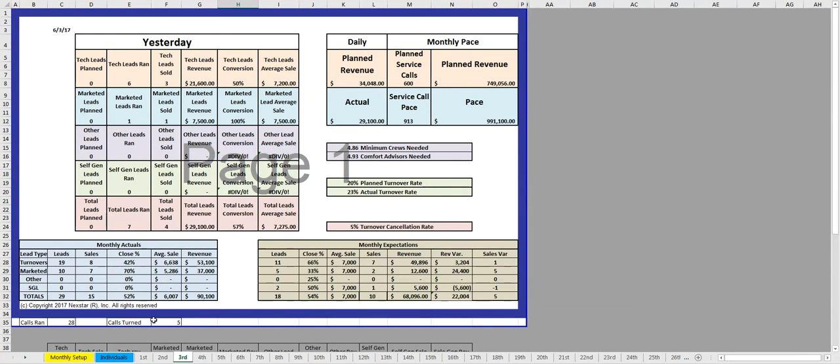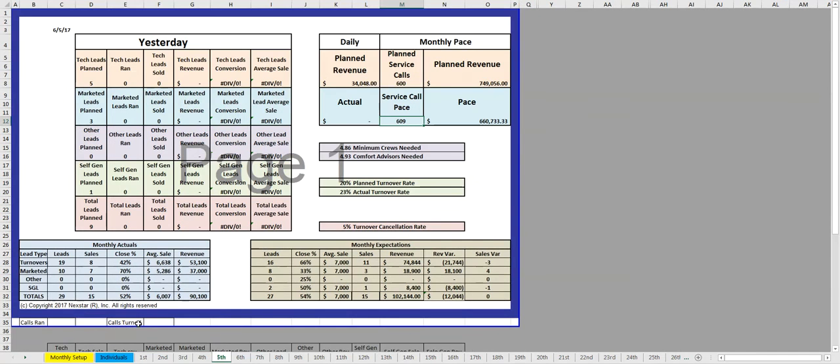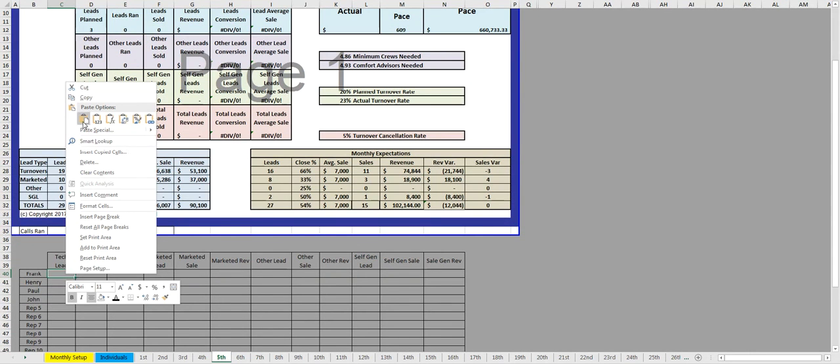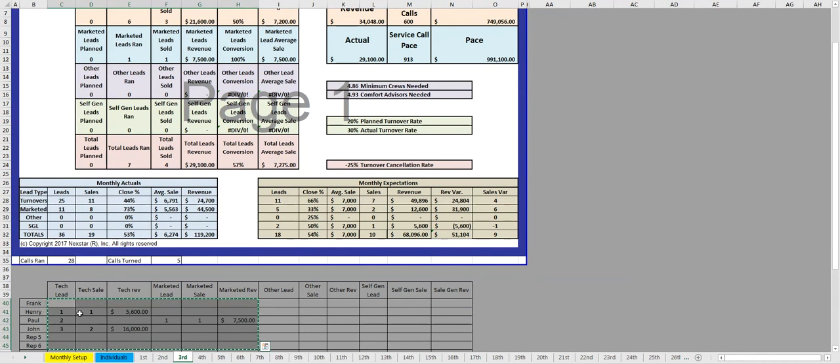But regardless, we can actually go back. Let's do this. Let's go back. I'm going to copy these. I'm going to go to Monday. Enter the same leads on a Monday. Let me go back to Saturday. I'm going to remove them. And we did 28 and 5.